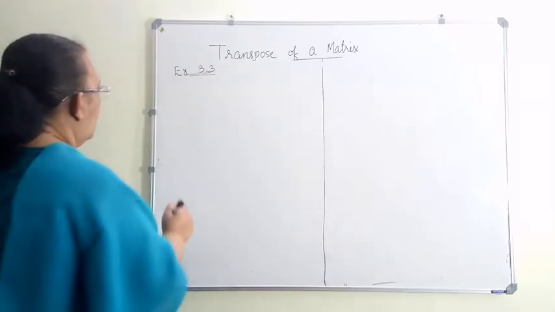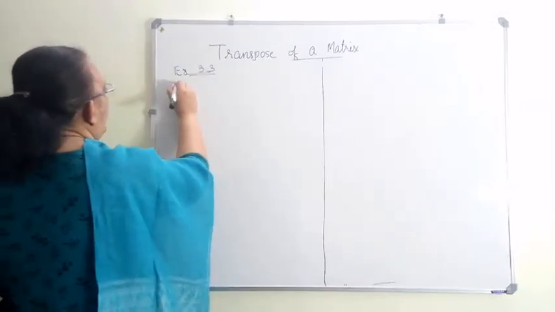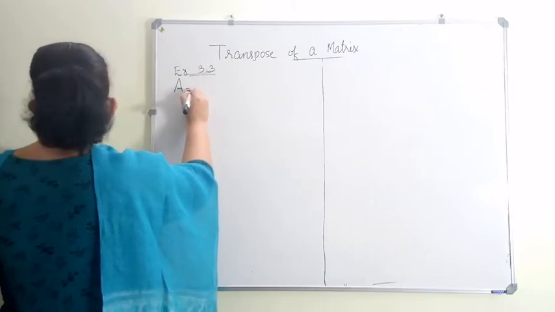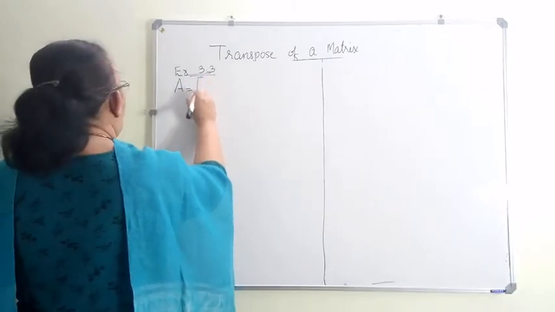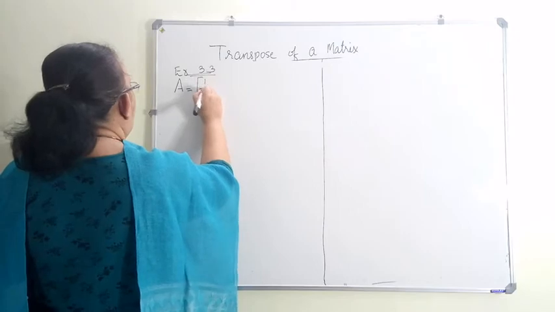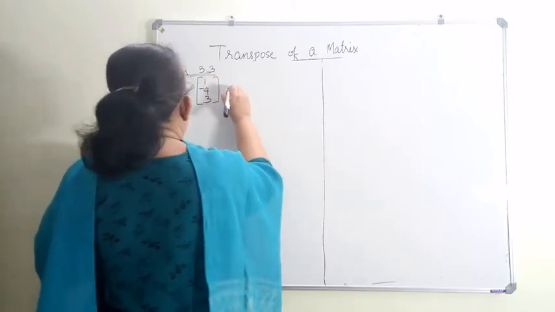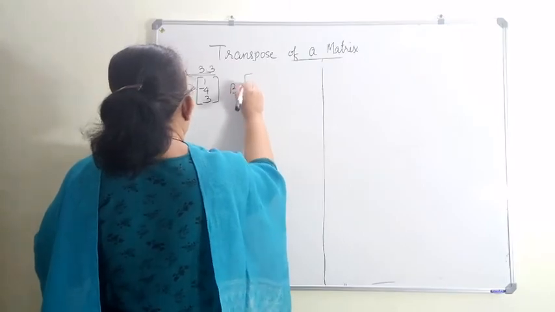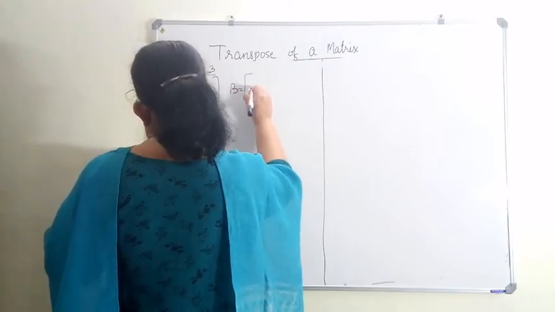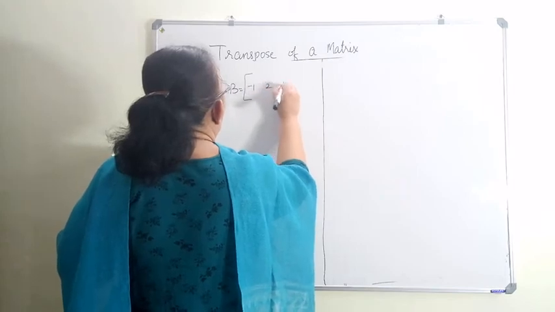Now, two matrices are given, A and B. A is equal to column matrix 1, -4, 3. B matrix, it's a row matrix, -1, 2, 1.